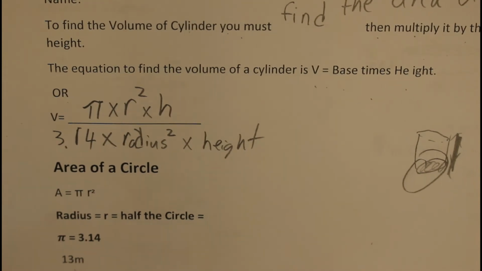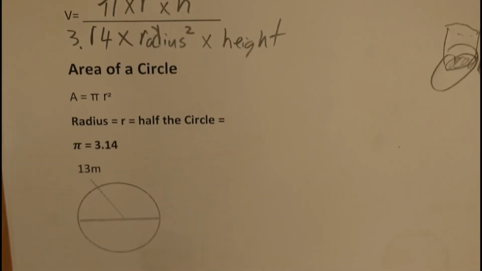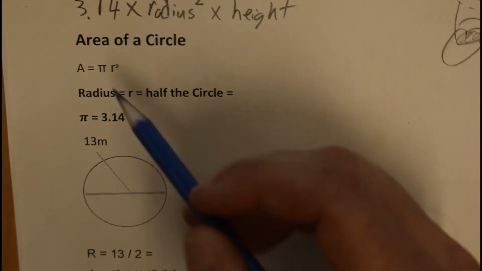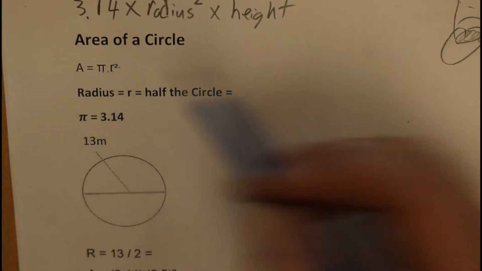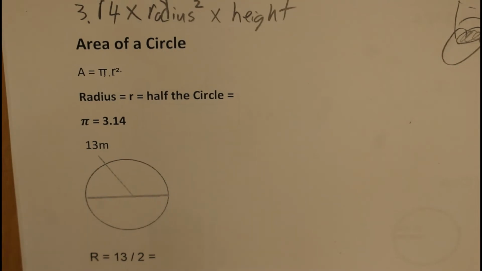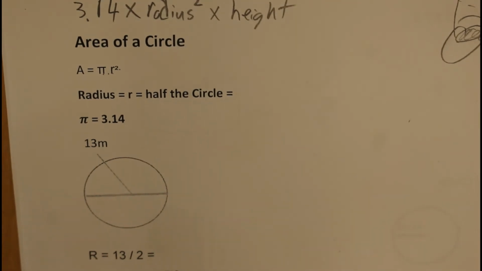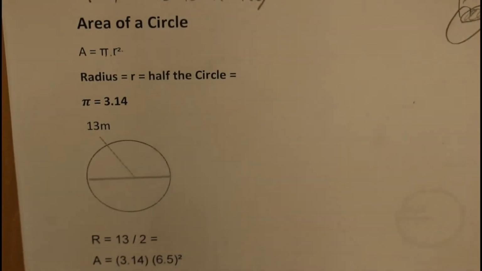All right, so I just want to review a bit about how to find the area of a circle. The area of a circle is that first part of the equation, pi times radius squared. And it's always radius. You need to remember radius is half of the circle.